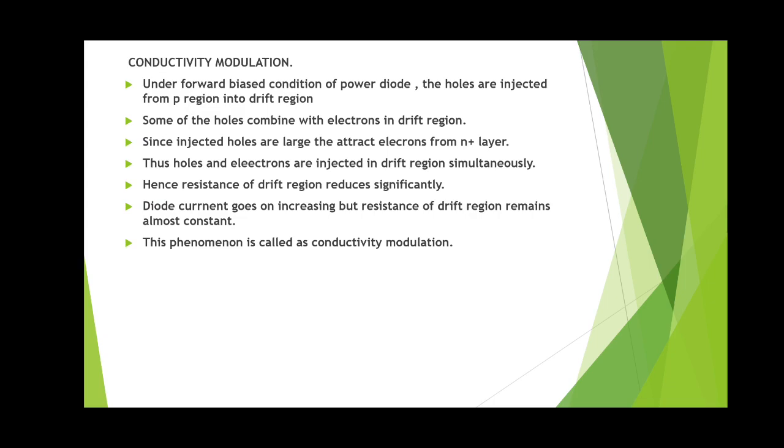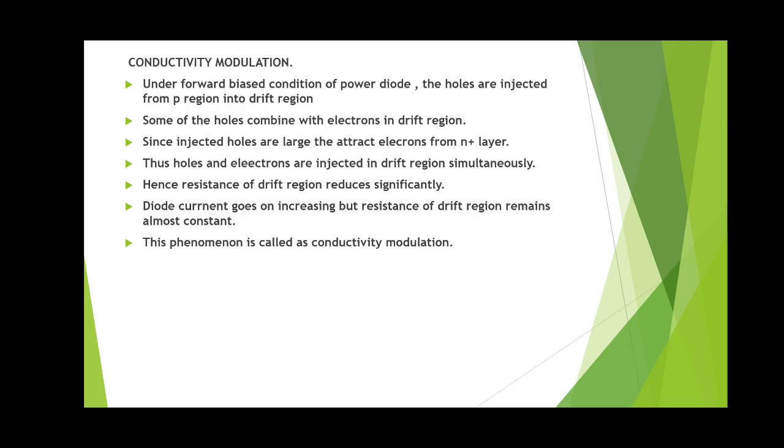Under forward bias condition of the power diode, the holes are injected from the P region into the drift region. When we see the structure diagram, it is clear. When we forward bias the diode, meaning we connect the positive terminal of the supply to the anode and the negative terminal to the cathode, this mode we call forward bias.